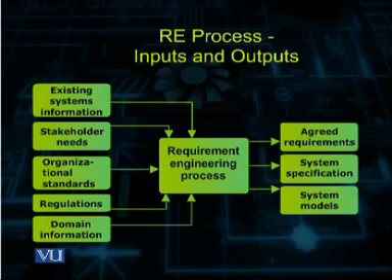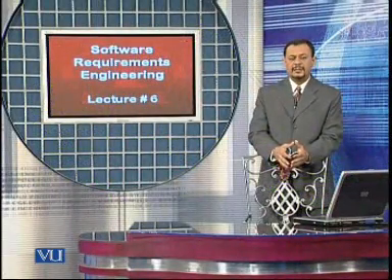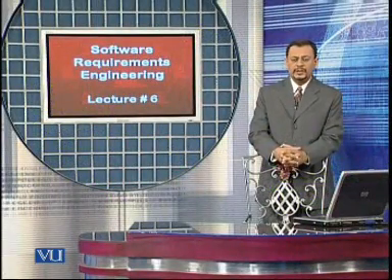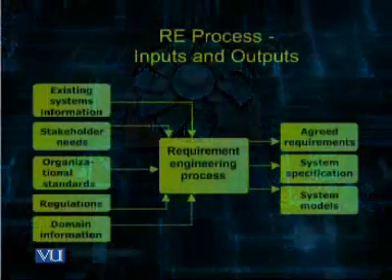The first thing that we see here is the existing systems information. This is again a very large set of information which tells us about how the current manual system is operating, and it also tells us about possibly some existing computerized systems, or about existing manual systems which are not the subject of automation for any project.